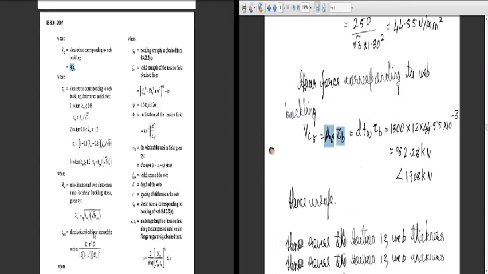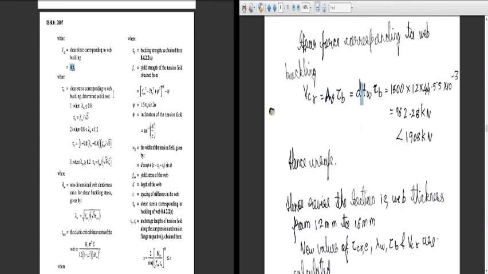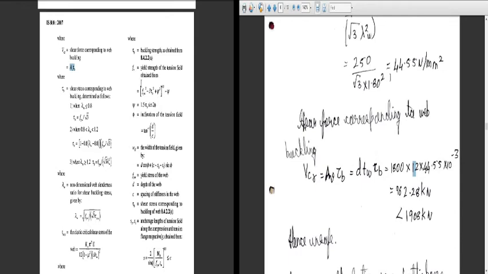So it will be 1800 into 12 mm thickness into the 44.55 Newton per mm square we have computed. Converting to kilonewton, it is equal to 962.28 kilonewton.